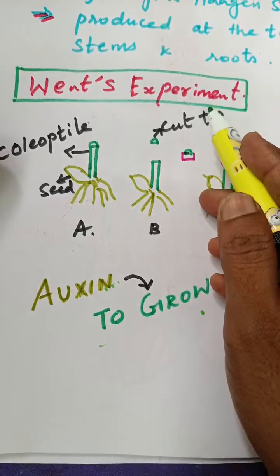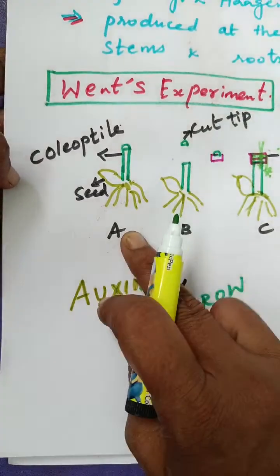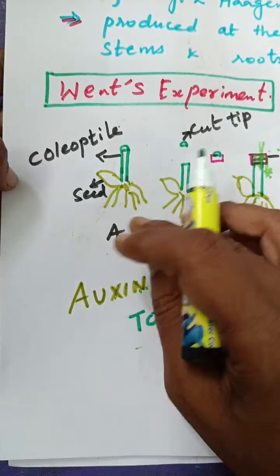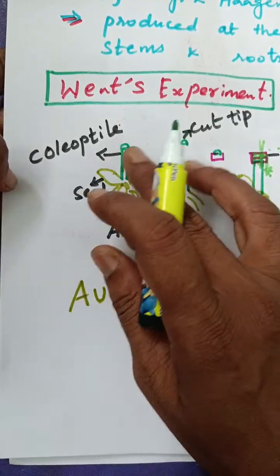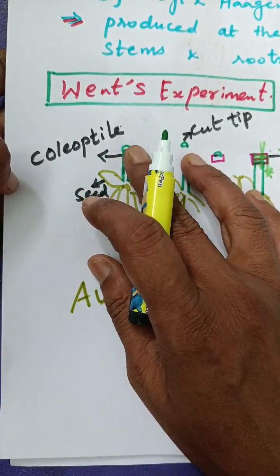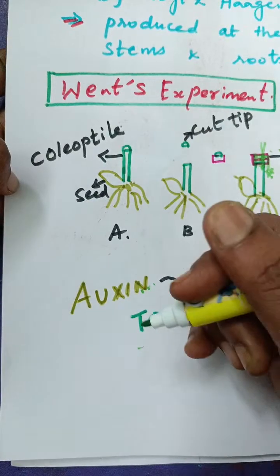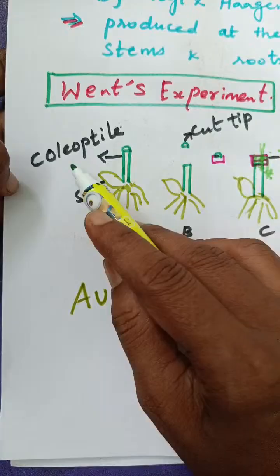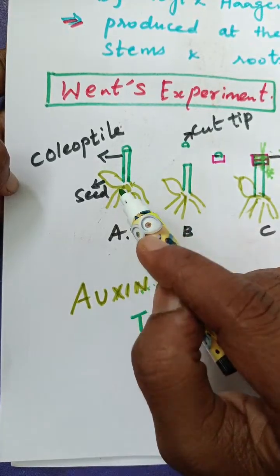He selected a seed and germinated it, and found that the tip of the seed is very essential for this discovery. He cut the tip of the coleoptile, that is the outer covering of the developing embryo shoot.